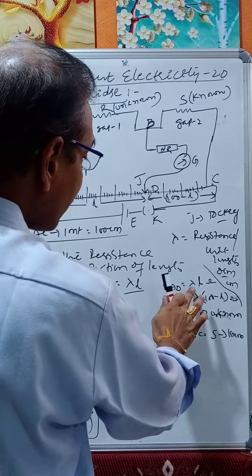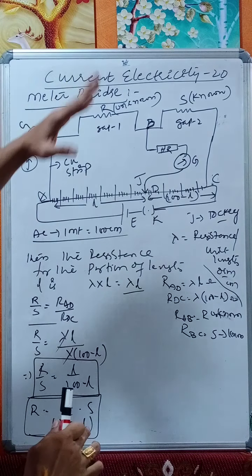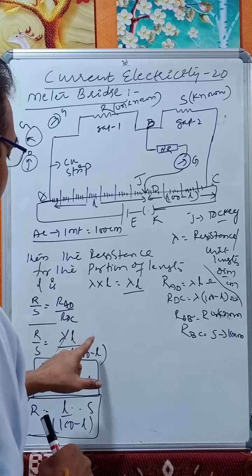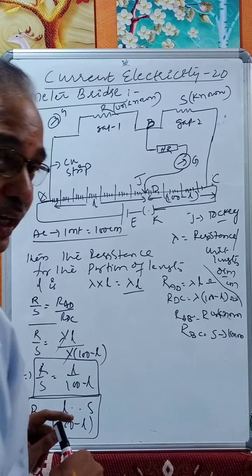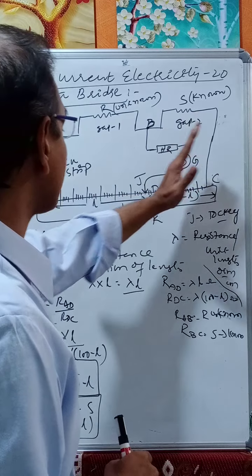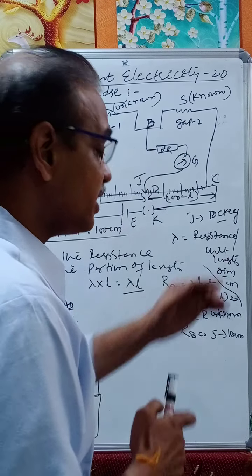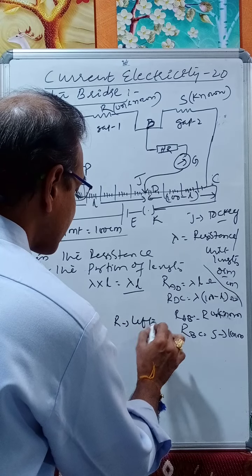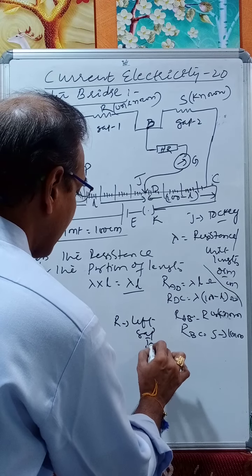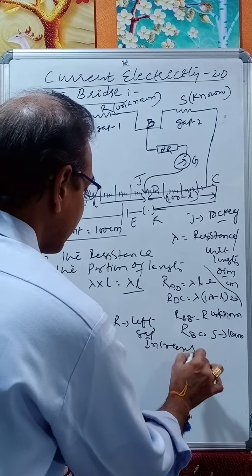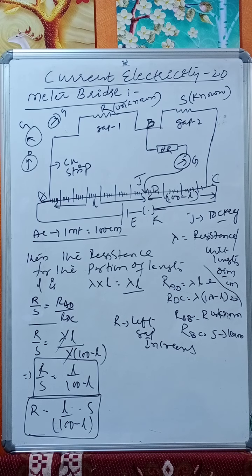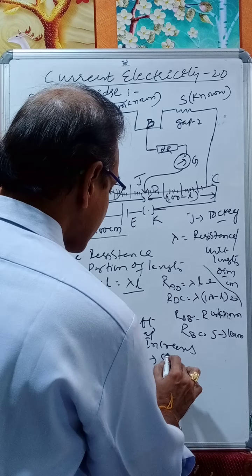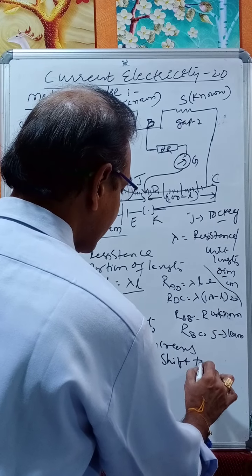If the resistance in the left gap increases, the balancing length shifts towards the right.